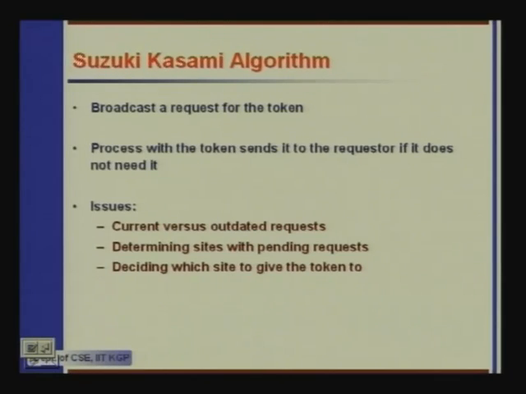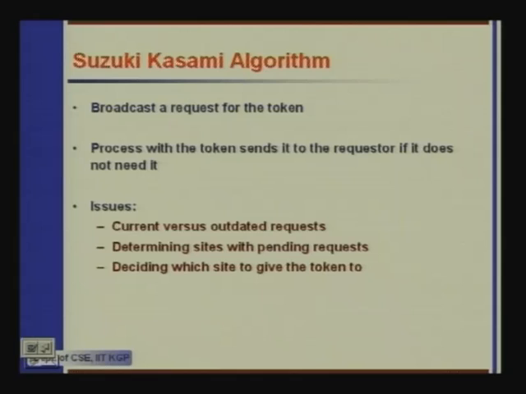What are the issues that we have to deal with? We have to deal with current versus outdated requests. So, it should not be the case that I made a request, I got the token, entered the critical section, then passed on the token to somebody else, and my request reached that process so late that it thinks that I want the token again. See, I broadcast my request to everybody.